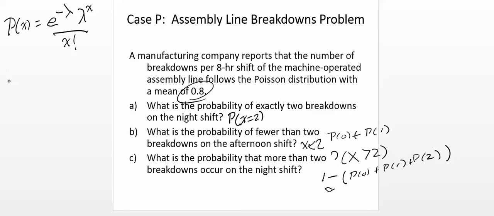First, the probability that x is equal to 0 can be obtained as e raised to the minus 0.8, and then 0.8 raised to the 0 is 1, divided by 0 factorial, which is 1. So we can just write this out as 0.4493.